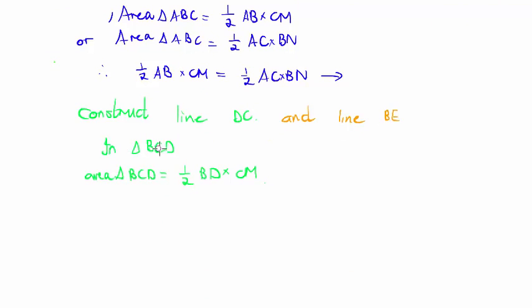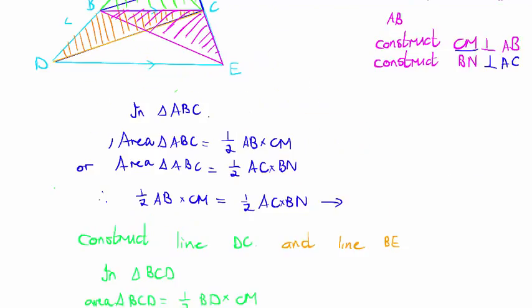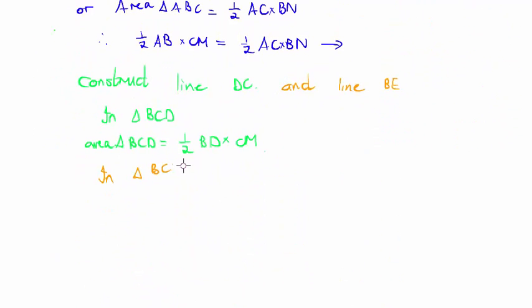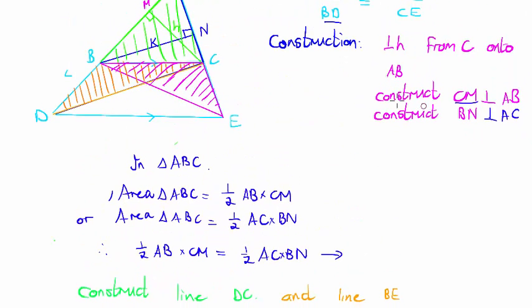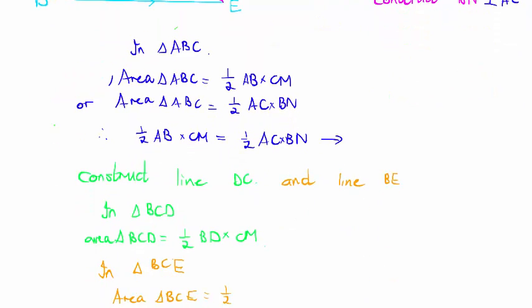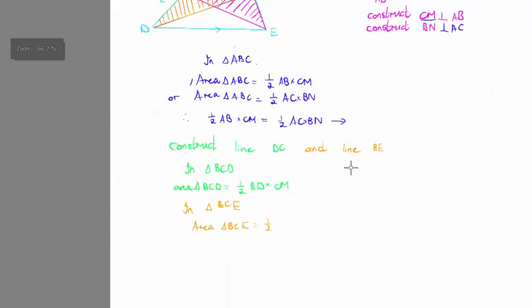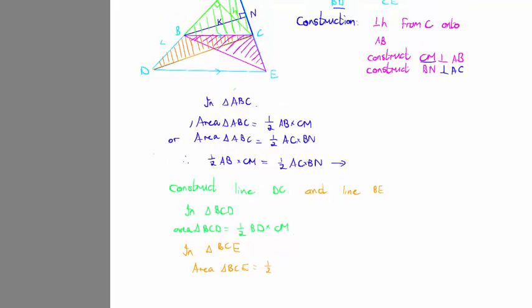So I've now shown that in the one triangle I've got that, and in triangle BCE, the area of triangle BCE is equal to a half, and now my base is CE. A half CE times, now my perpendicular height is BN.